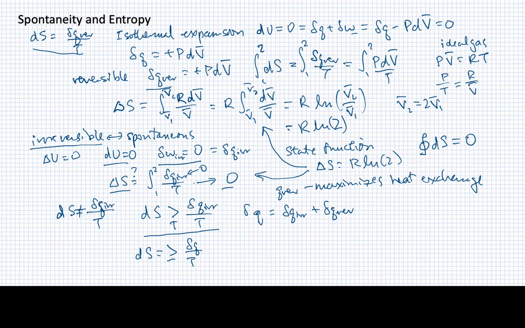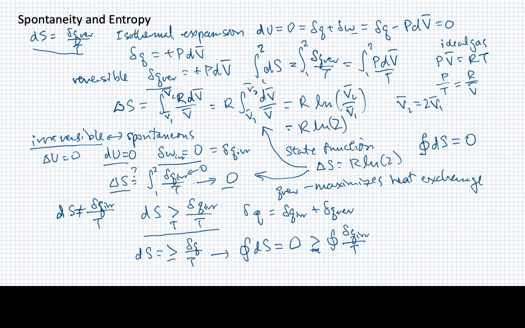So now if I take this result and do this cyclic integral ds, I know that's going to be equal to 0. But I also know that this is greater than or equal to the cyclic integral of this path for irreversible. In fact, actually it's not equal to. It never is equal to unless it's completely reversible.